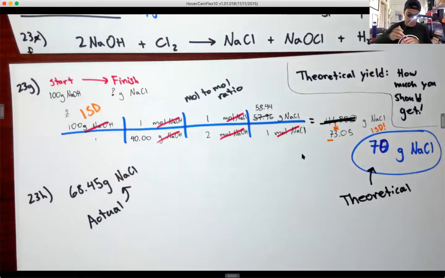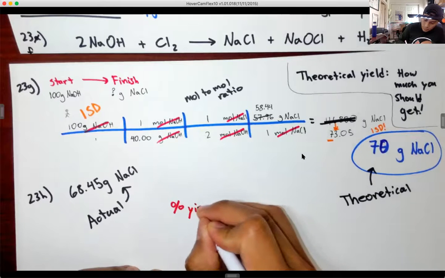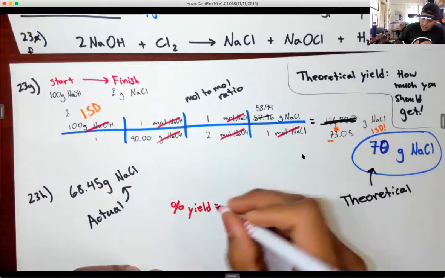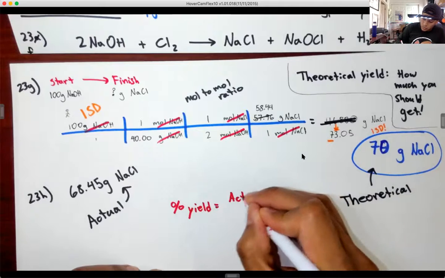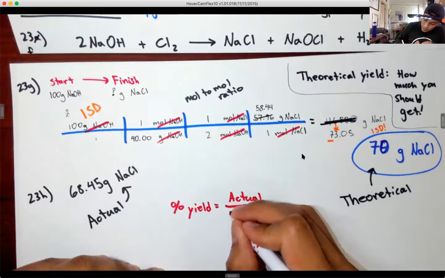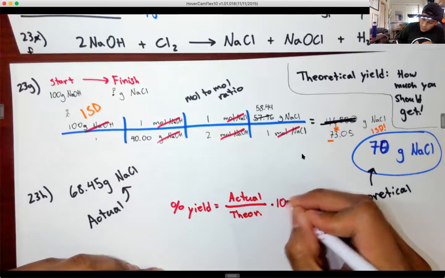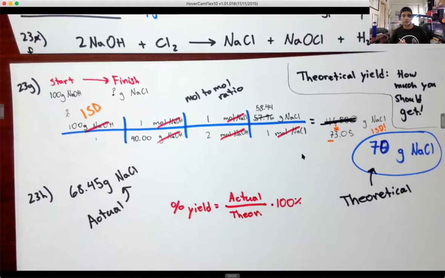So all you have to do is a super easy equation. This is the equation for percent yield. It is actual over theoretical times 100%. We're going to go ahead and do that in our calculators.